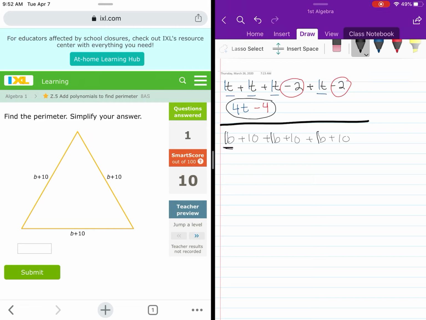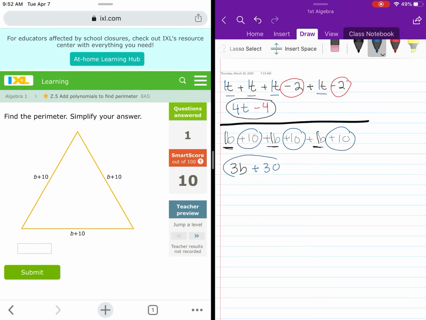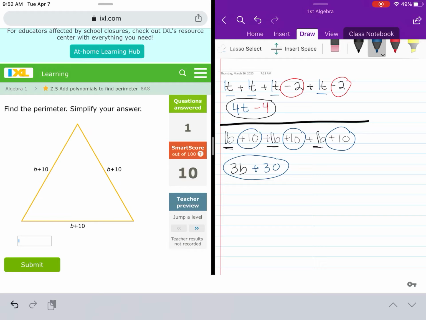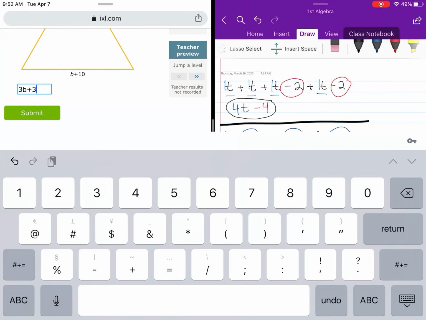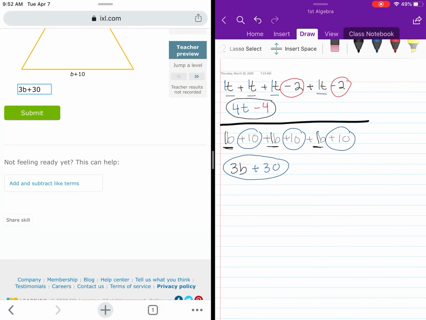So I have 1B, 1B, and 1B. When I add all of that together, that will give me 3B. And then I'm going to add the numbers. So positive 10 plus 10 plus 10. So that's going to give me 30. So plus 30. And that will be my final answer. So 3B plus 30.